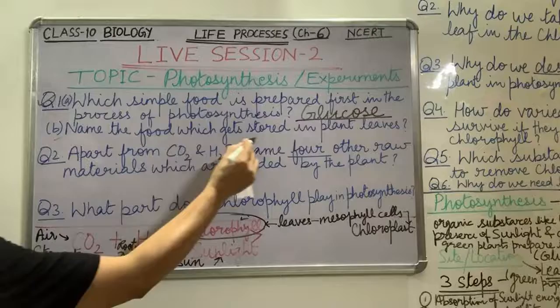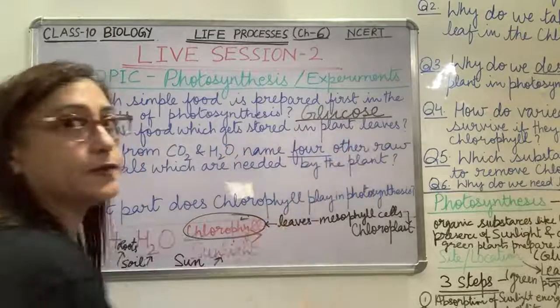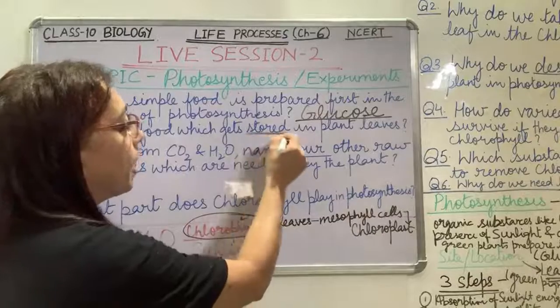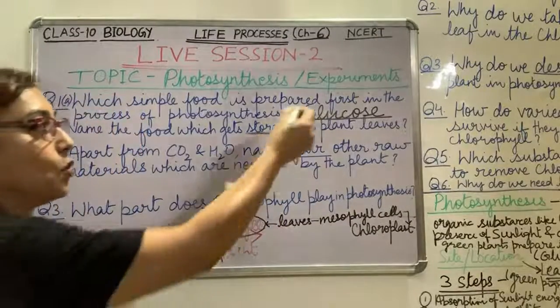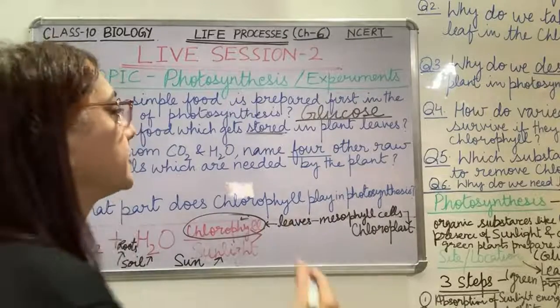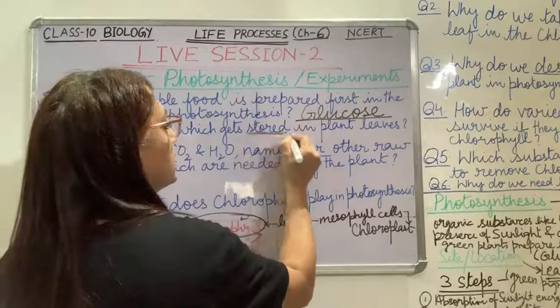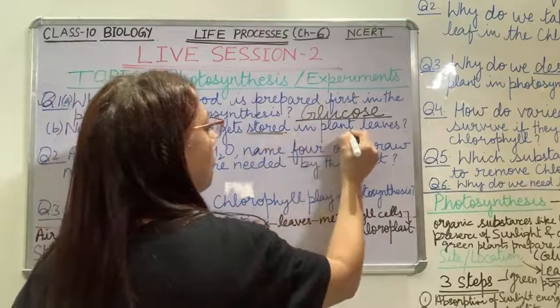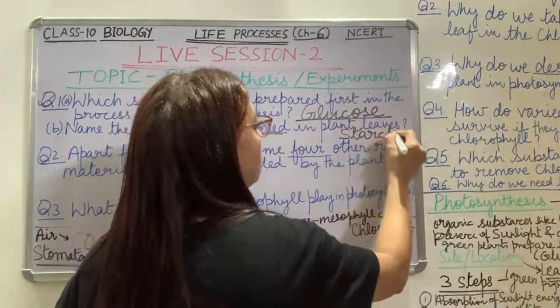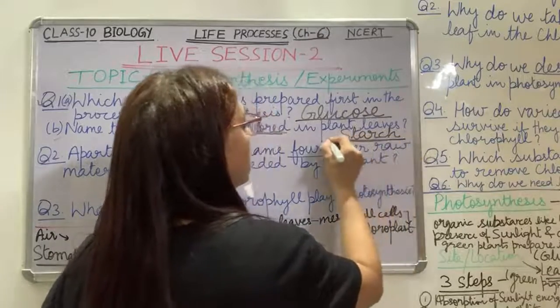And then the part B of this question. Name the food which gets stored in plant leaves. This glucose, the extra glucose, gets stored in the plant leaves in the form of starch. So the stored food in the leaves is known as starch.